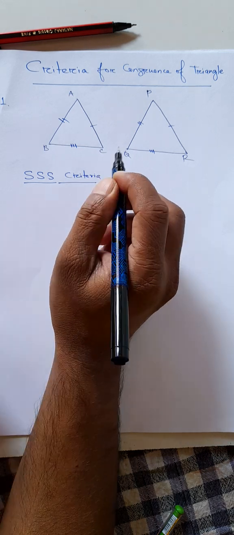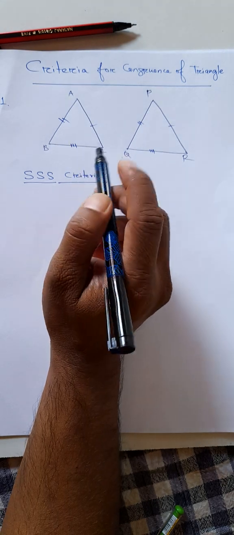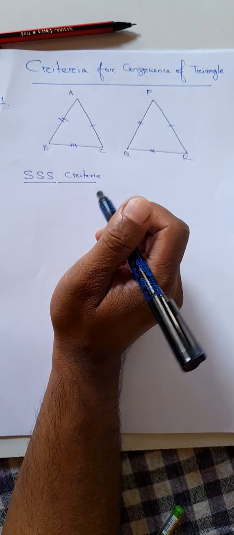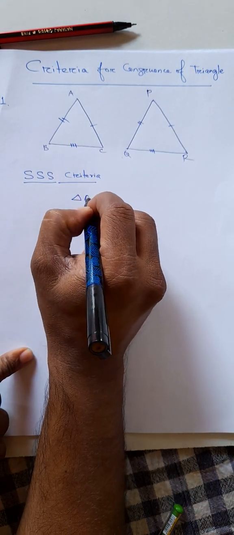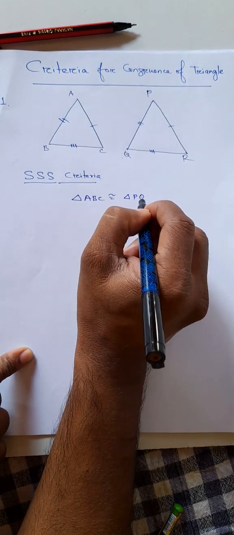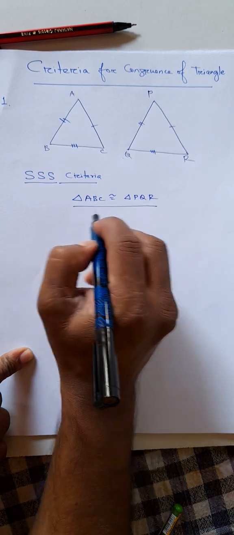Under this criteria, in two triangles, if three sides of one triangle are equal to three sides of another triangle, then they are said to be congruent. Now triangle ABC is congruent to triangle PQR, under which condition?